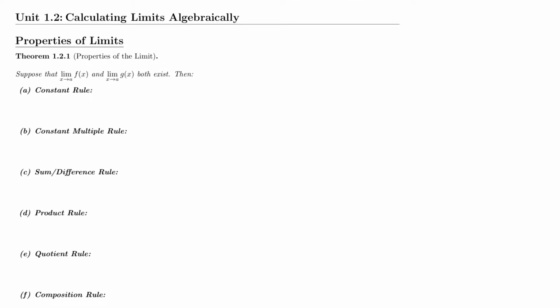So really what we're going to spend a lot of time doing is calculating limits algebraically, using algebra. The thing I told you was most important, more important than anything else, algebra. So there are some properties that limits have. Something you need to know as I go through these is that the letter C and the letter K are both going to represent constants.